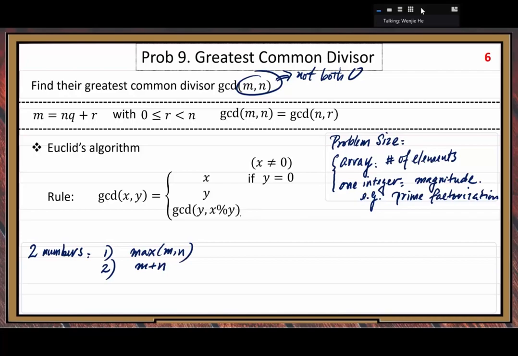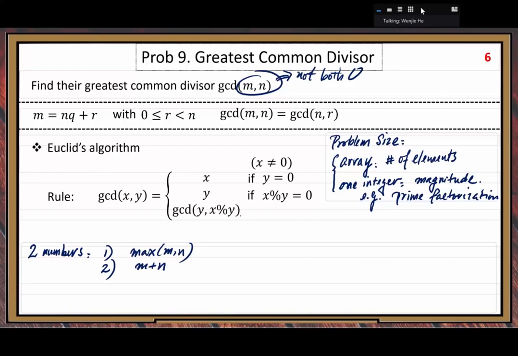The second base is x mod y. This percent sign is the modular operation, mod. After the modular operation, you take the remainder. You do integer division of x with y as the divisor, but you do not take the quotient. You take the remainder. That's the modular operation. If the remainder equals 0, what's the meaning of it? The meaning is x is an integer multiple of y.